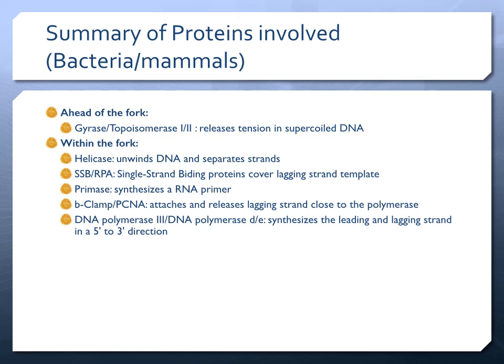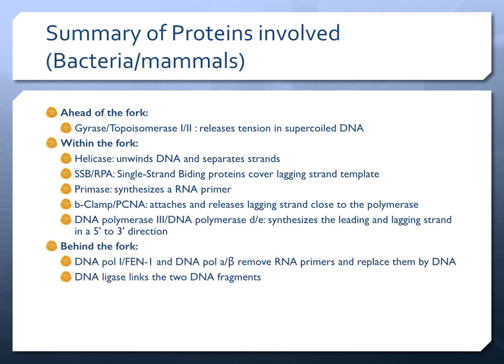You will have the beta clamp or PCNA in mammals that attaches and releases the lagging strand to the polymerase each time the loop is formed. And then you have the DNA polymerase 3 or DNA polymerase delta and epsilon in mammals that synthesizes both the leading and the lagging strand, always in the 5' to 3' direction when we consider the newly synthesized DNA.